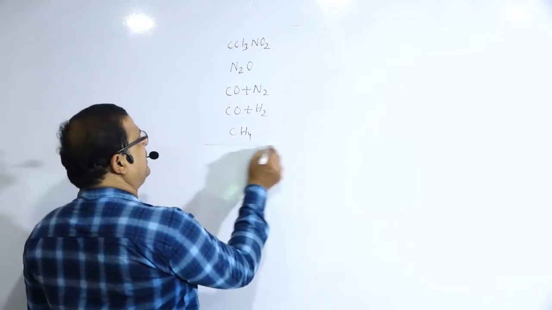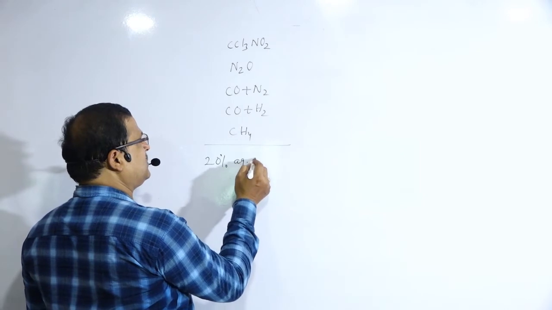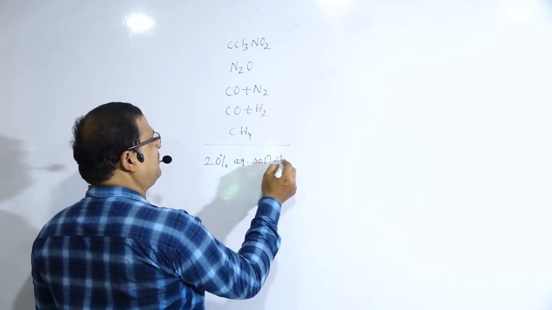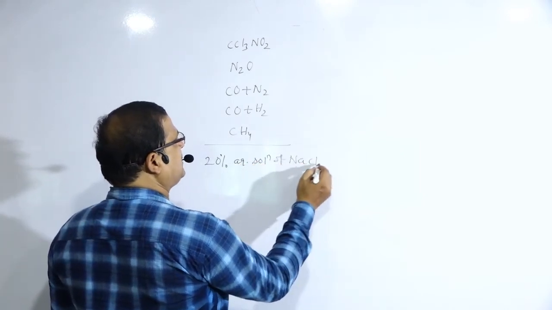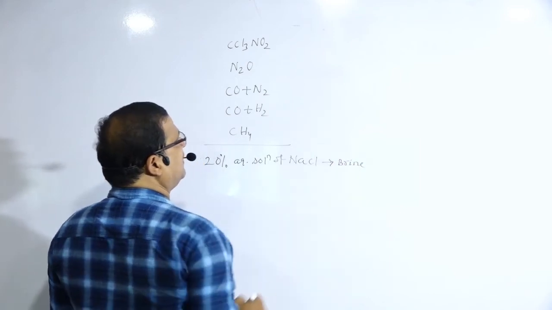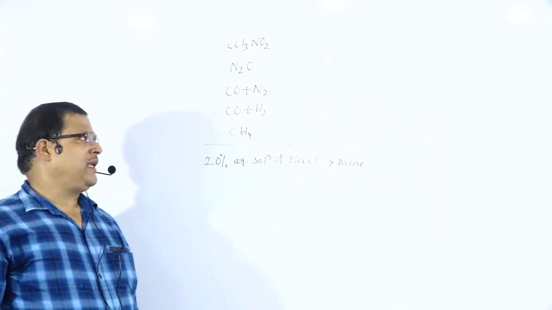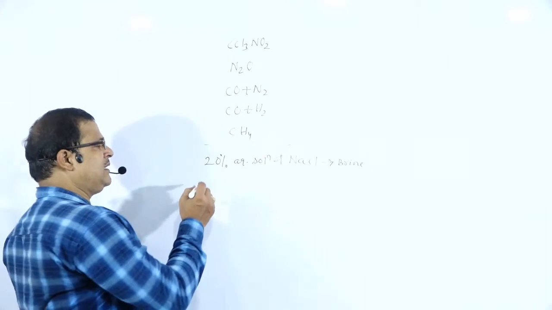If we take a 20% aqueous solution of NaCl, that is a mixture known as brine.